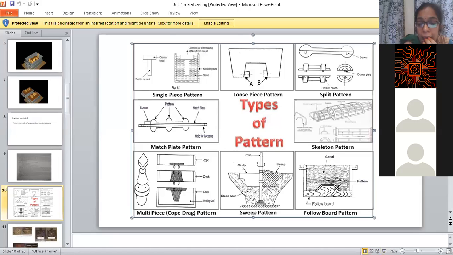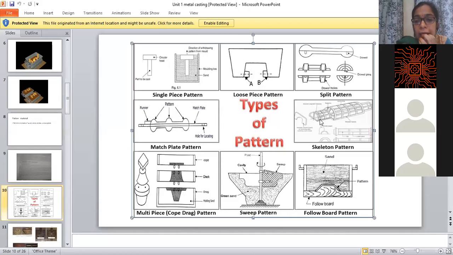Then the next pattern is follow board pattern. The name itself says you will have a board which is fixed with a pattern. When you have some thin sections, to give support you will give a follow board. For thin sections, you will go for follow board pattern.